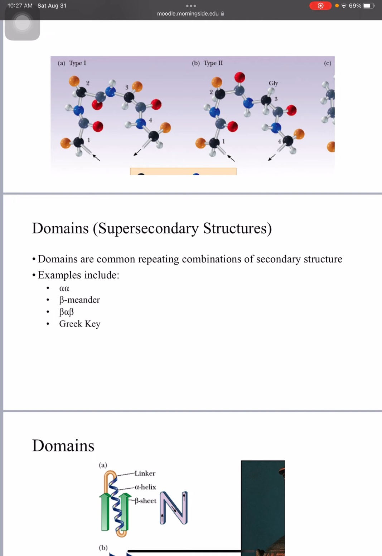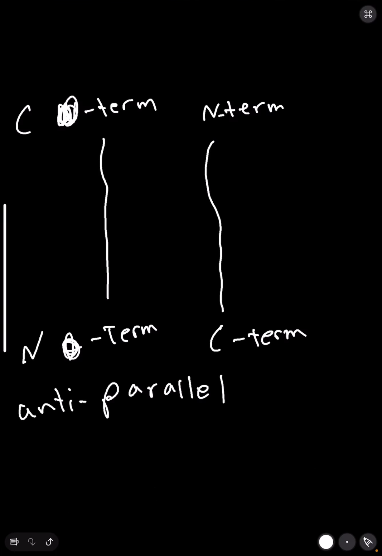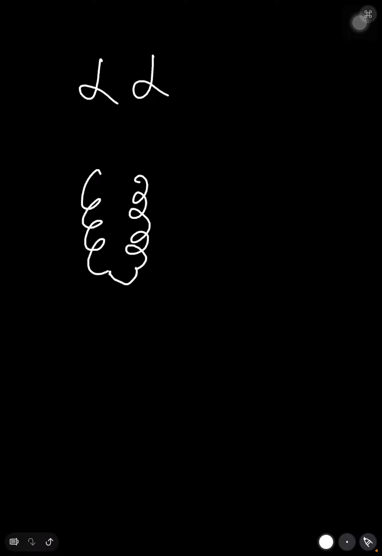So, for example, one of the common domains that is often observed, let me erase this, is commonly called the alpha-alpha. That basically means you have one alpha helix, reverse turn, joined to a different alpha helix, right? And so this collective combination of two alpha helices is called alpha-alpha.